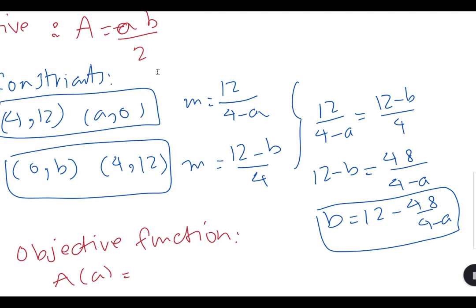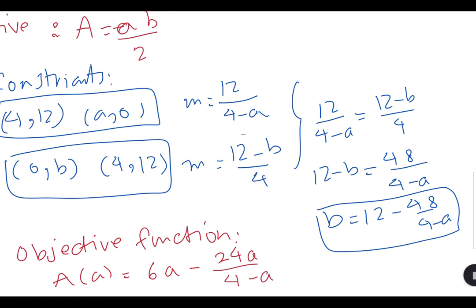And I multiply it by each term, rather than putting the entire B in parentheses and distributing later. So I'll multiply 12 by a half, that would be 6A. Then I'll multiply 48 divided by 4 minus A by a half, and I get 24A divided by 4 minus A.